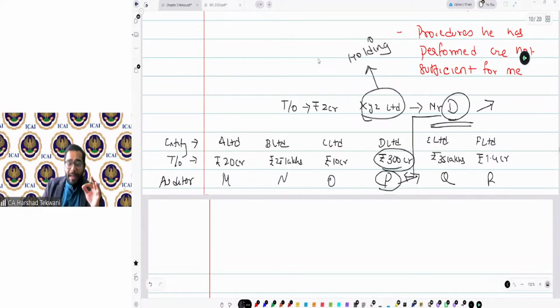Let's say the principal auditor has to guide or provide this information: what are the significant accounting policies, what are the areas that require special consideration, and how the work of the other auditor will be used by the principal auditor.